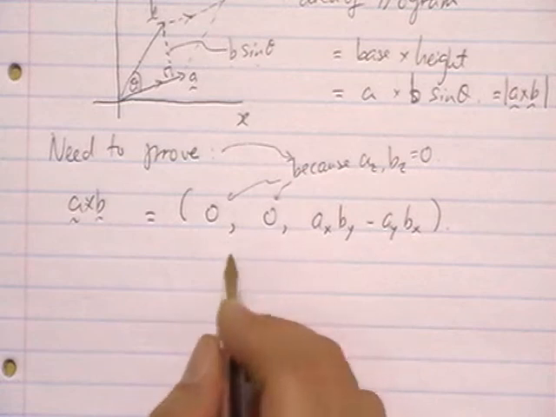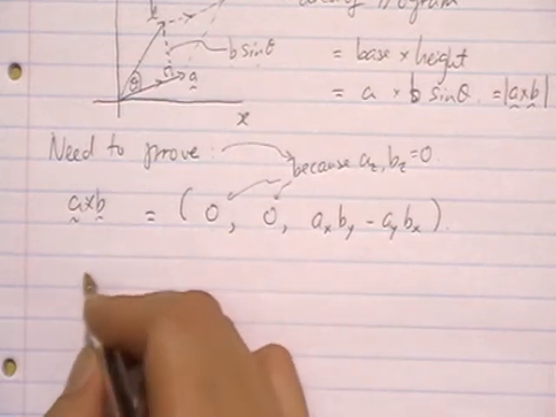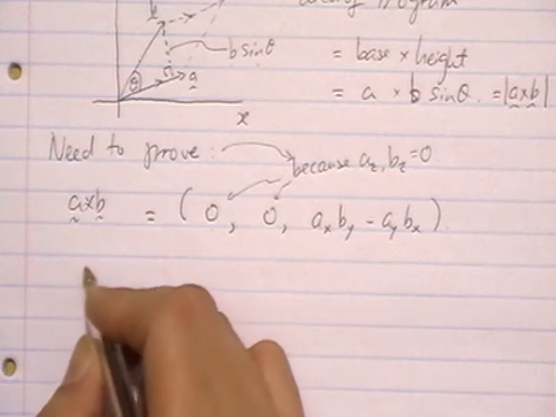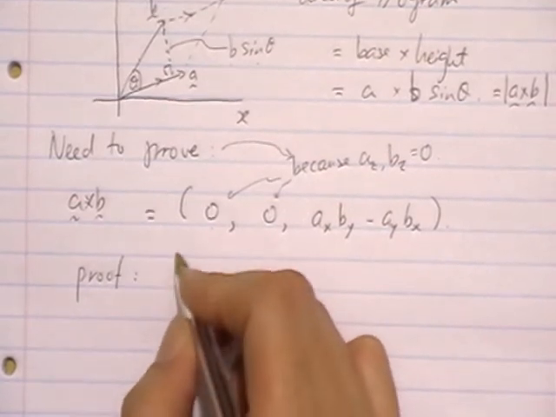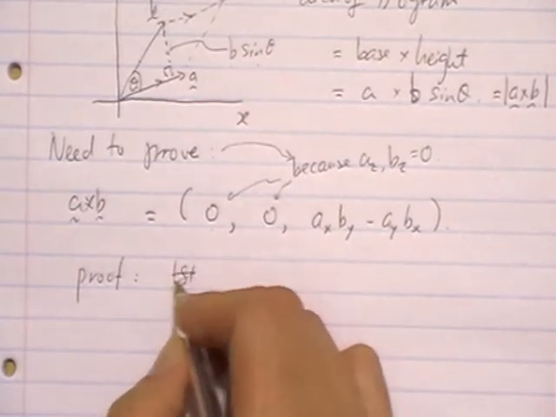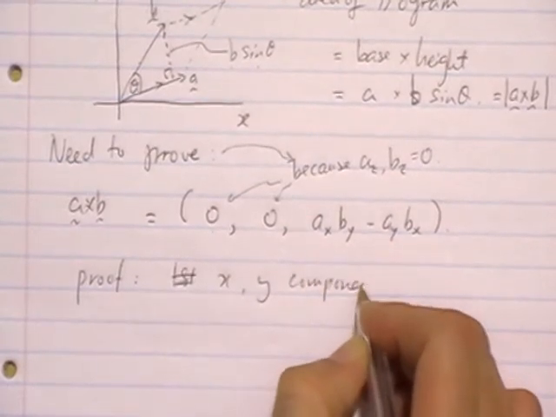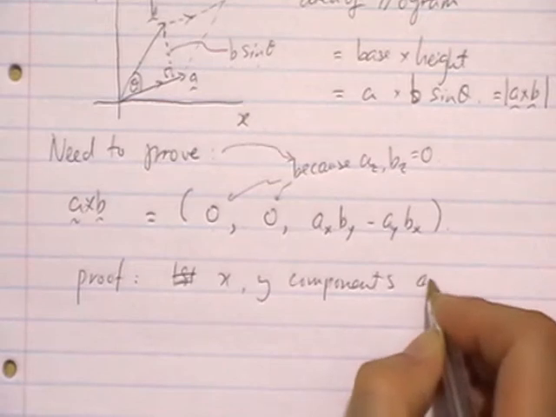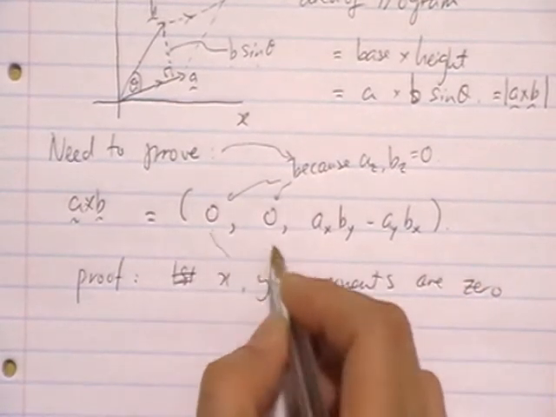Now we prove these two are 0 by saying that in the proof, the x and y components are 0. So that means that one and that one.